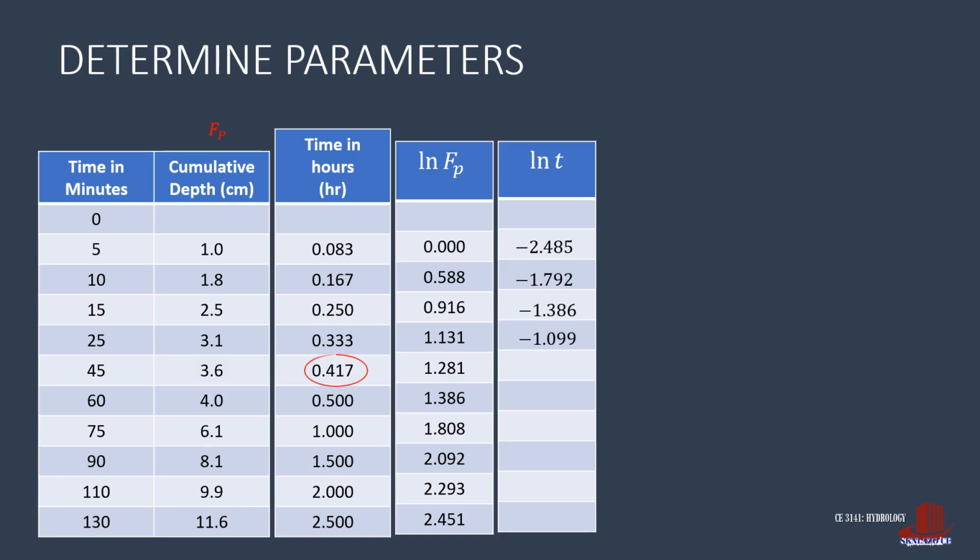The ln of 0.417 is negative 0.875, and ln of 0.5 is negative 0.693. The natural logarithm of 1 is 0, and that of 1.5 is 0.405. Ln of 2 is 0.693, and ln of 2.5 is 0.916.